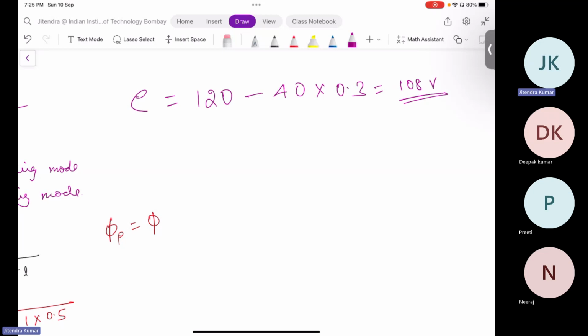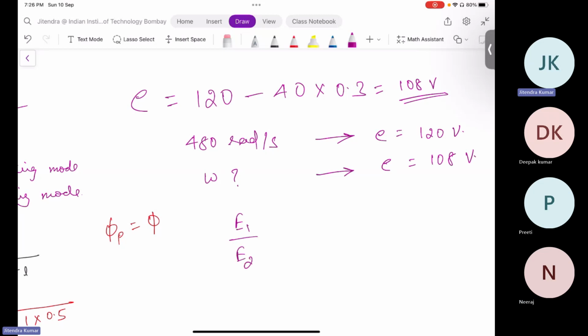So earlier EMF, we have to find out the two equations. When the speed was 480 radian per second, EMF was 120 volt. Now the speed we don't know, but we know that EMF is 108 volt. We know that E1 by E2 is equal to omega 1 by omega 2 into phi 1 by phi 2. But since the flux density is constant, we can ignore phi 1 by phi 2.